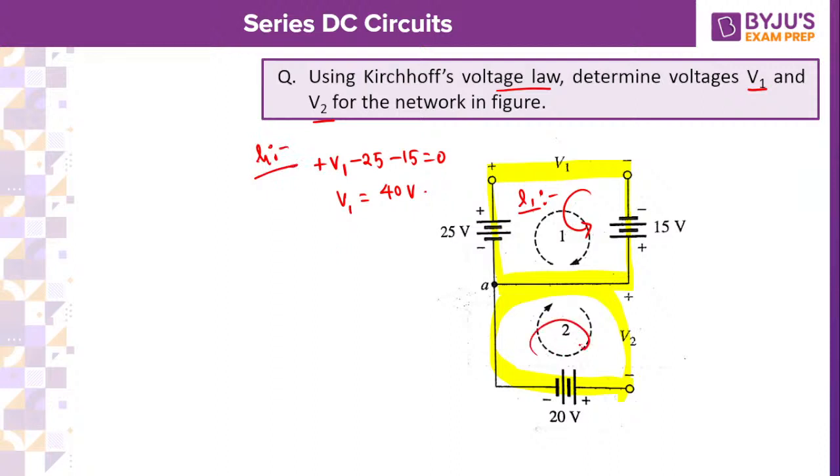Loop 2, I just moved in clockwise direction. But be careful with the polarities. So minus 20 minus V2 is equal to 0, so V2 is equal to minus 20. Everybody, please respond.